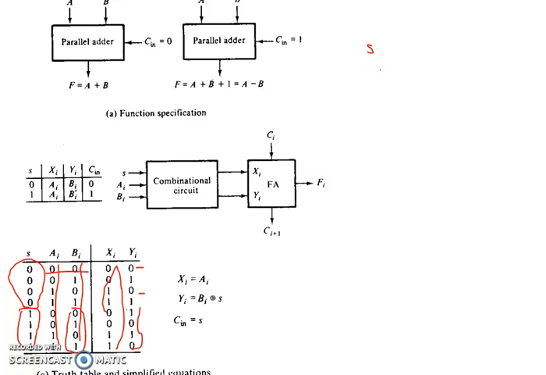The Boolean function can be found by first constructing the functional table for this input, that is, a parallel adder. Based on the functional table, draw the K-map and you will get the Boolean function, and from the Boolean function you will easily be able to design the circuit.